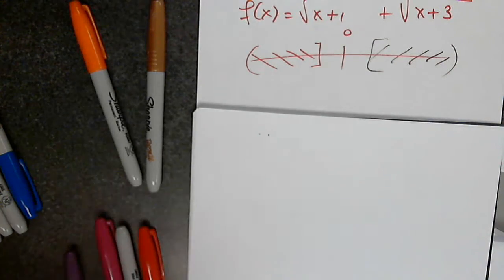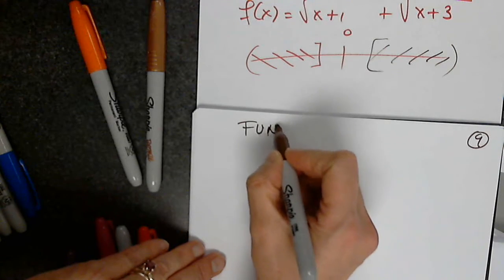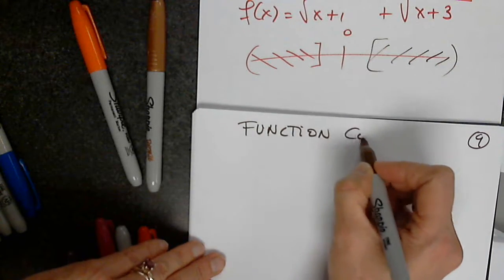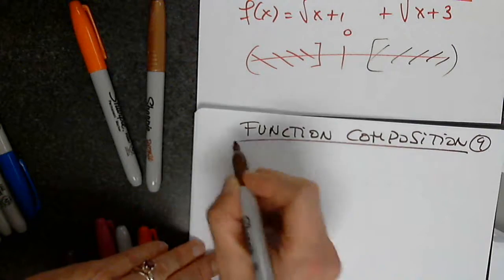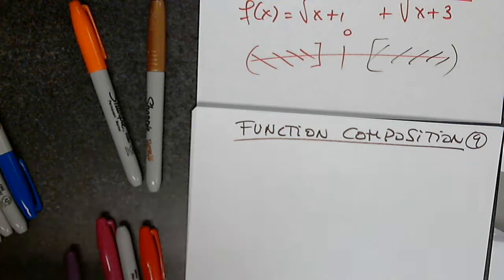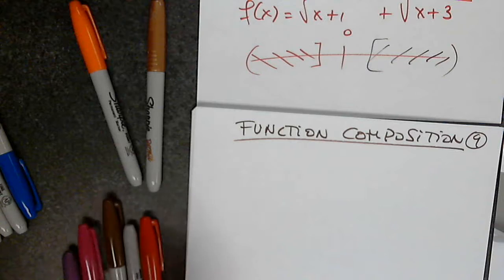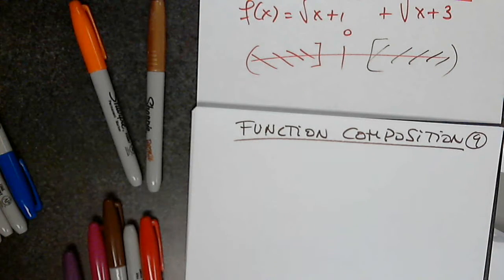Now, the next step is what is called function composition. What does that mean? Well, it's the fifth way of creating new functions. We know 4. We know the sum, difference, product, and ratio. This is the fifth way.